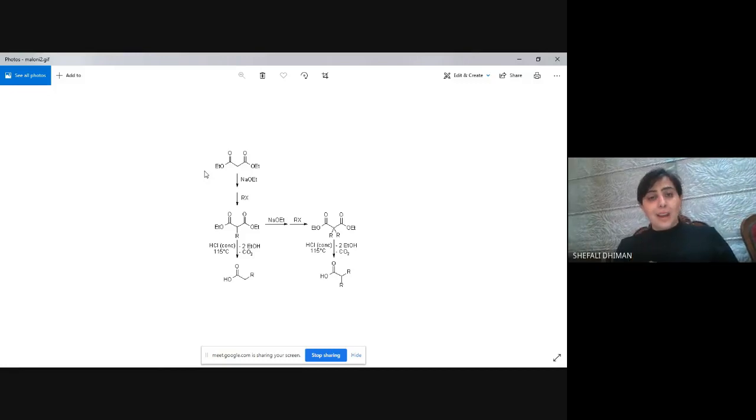I found out that the compound which contained two carbonyls, with a CH2 in between, is highly acidic in nature because I'm able to draw more resonating structures which are stabilized. So I could draw carbanions and enolate ions which were stabilized, distributing the negative charge on the framework of the structure. So this is the importance of malonic ester as a compound which contains an active methylene group and is highly acidic in nature.